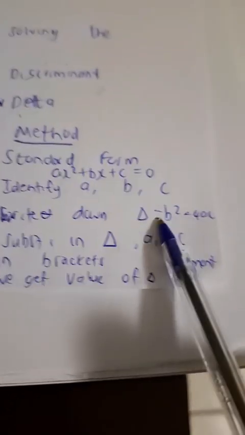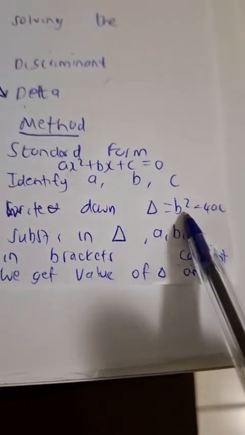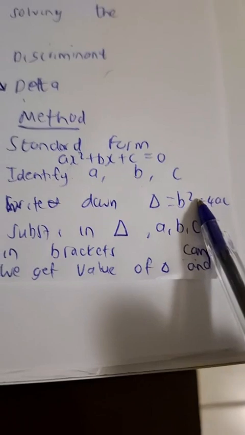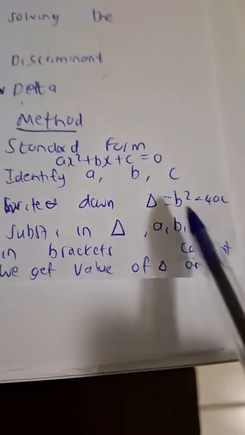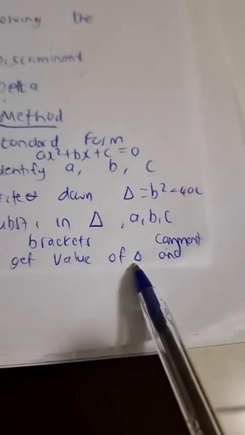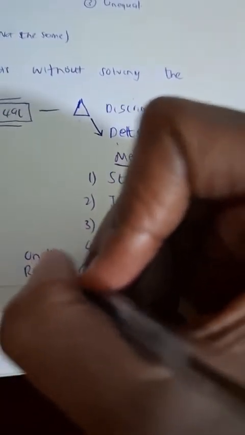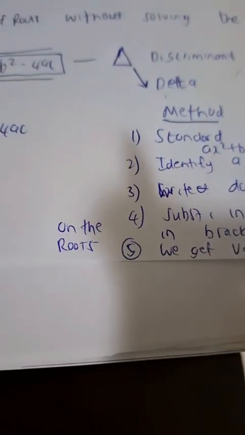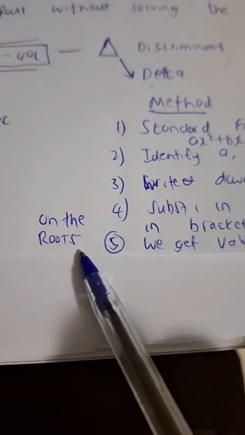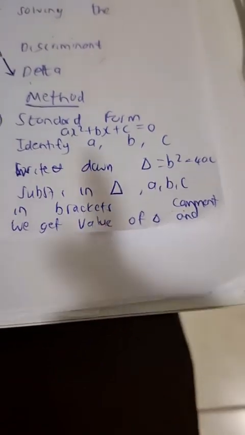Three, we write down the discriminant, or delta, equal to b squared minus 4ac. Four, we substitute a, b, and c into the discriminant using brackets. And five, we get the value of delta and we comment on the roots on the basis of the value of delta that we get.